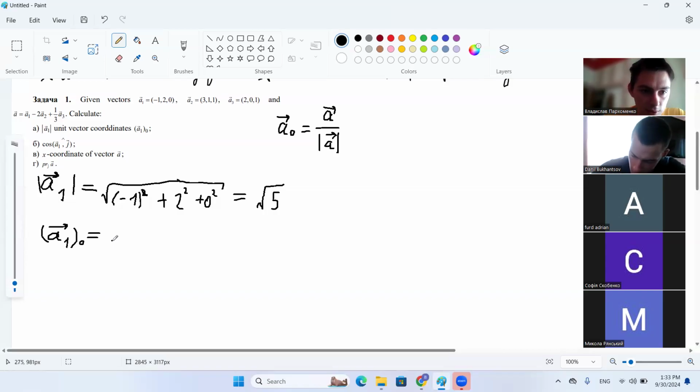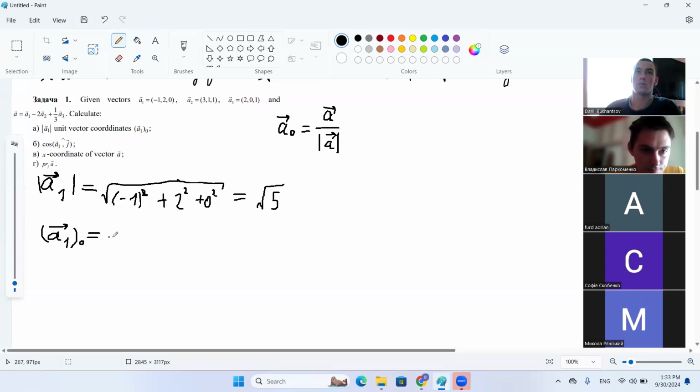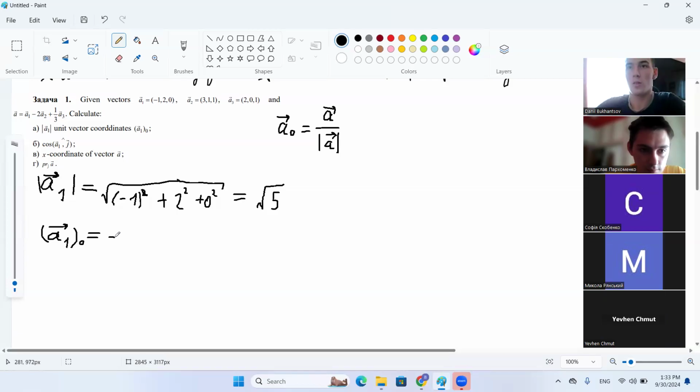Who wants to take part in calculation? Daniil? We need each coordinate divided by square root of 5. Correct.